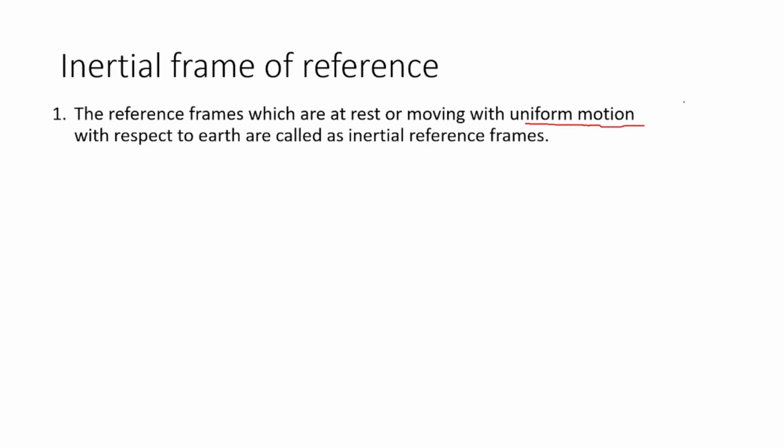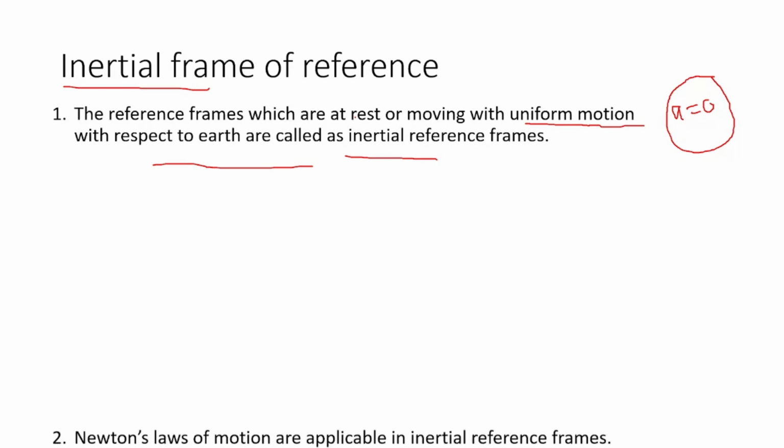That means dv by dt is equal to zero. With respect to Earth, this is called an inertial frame of reference. And if acceleration is equal to zero, we can say it is an inertial frame of reference.